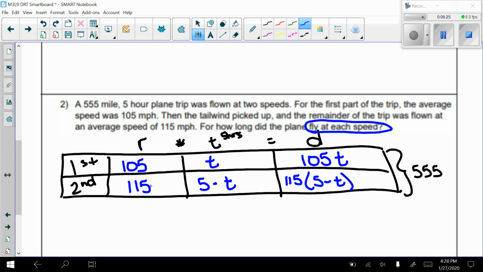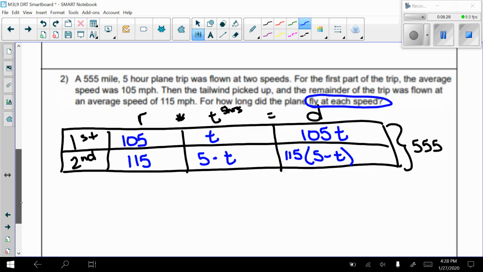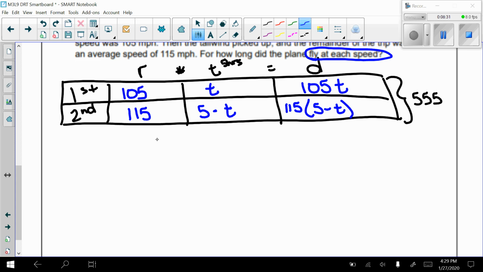And together, the total distance was 555 miles. So let's write our equation. 105 t's and 115 sets of 5 minus t totals 555. So remember the steps. The first thing is to distribute and combine like terms. Well, I do have to distribute in this problem.